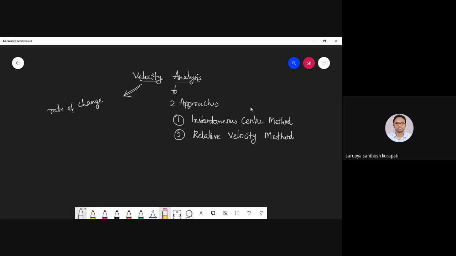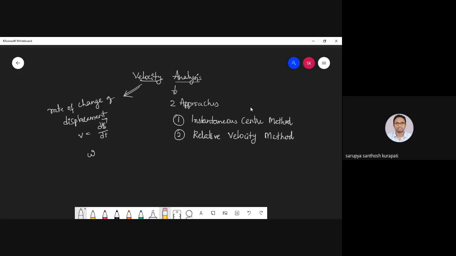Velocity is the rate of change of displacement. That means with respect to time, if my displacement is changing, then I'm going to call it velocity. So it is ds by dt. This is nothing but velocity.